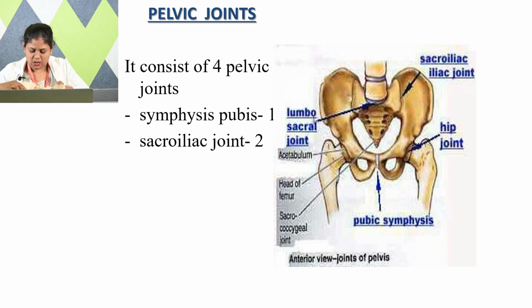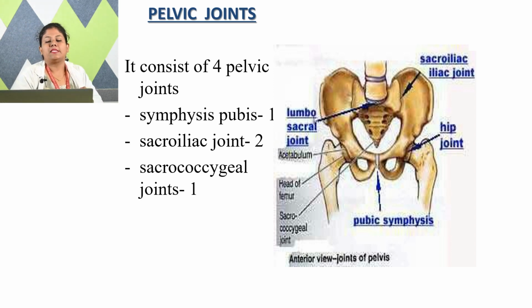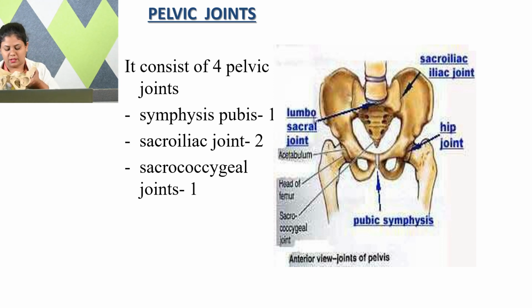It has a left and right, so the female pelvis consists of 2 sacroiliac joints. Then the sacrococcygeal joint, where the sacrum and coccyx are joined together.